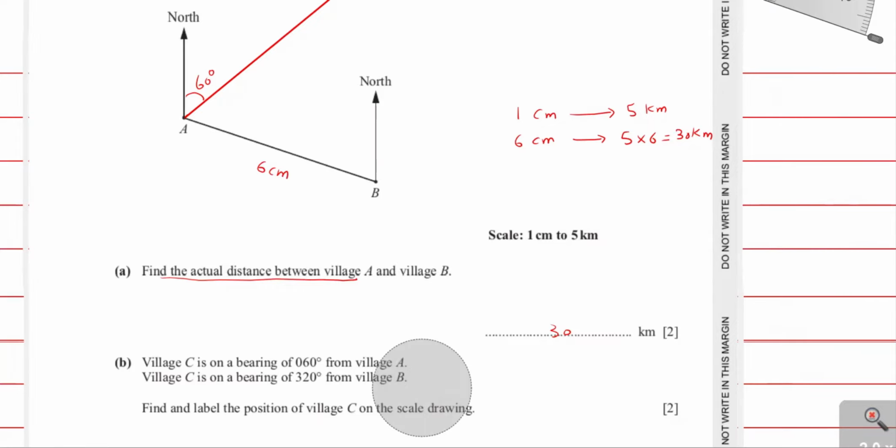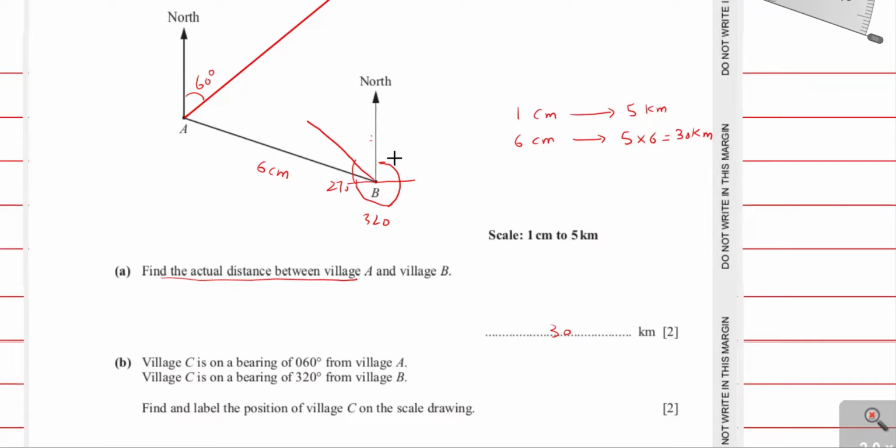It means it is the angle from the north at B in the clockwise direction, 320, and this is 270, and the 320 angle would be here. This angle is in the clockwise direction.